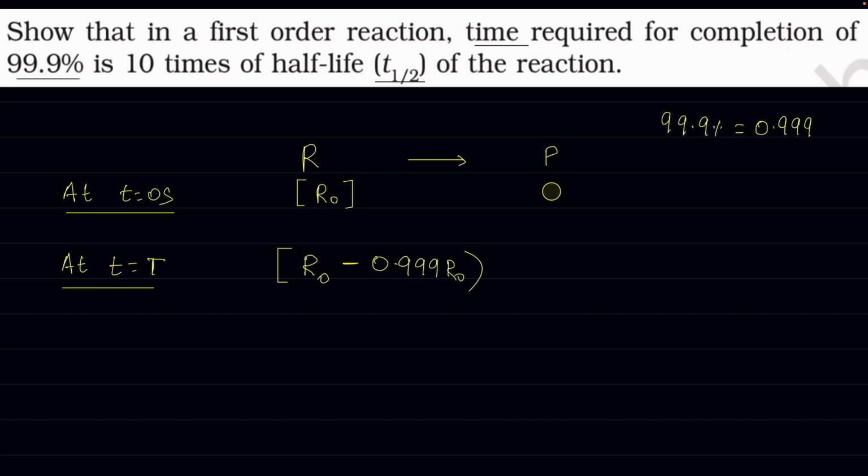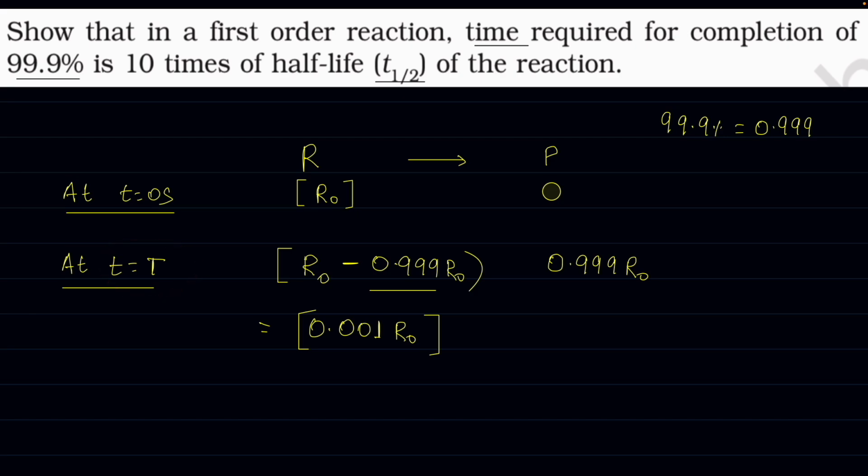Whatever the loss in the reactant side, it will be deposited on the product side. So this is our value of the product. Now if we solve it, it comes to 0.001 R naught. So this is the concentration of the reactant when the time is capital T.